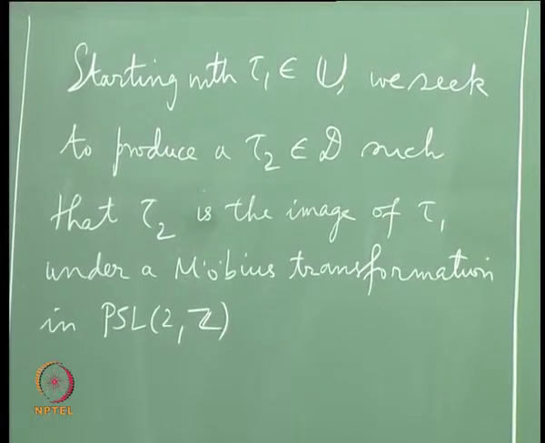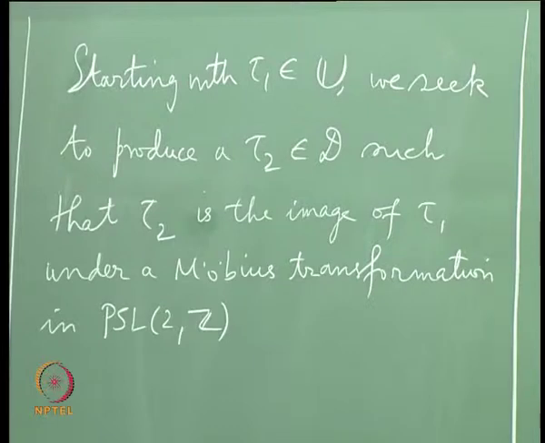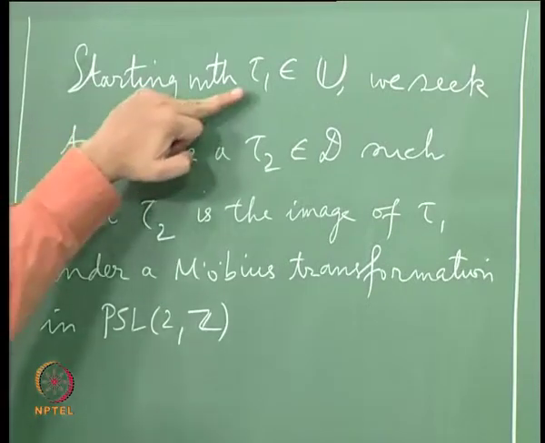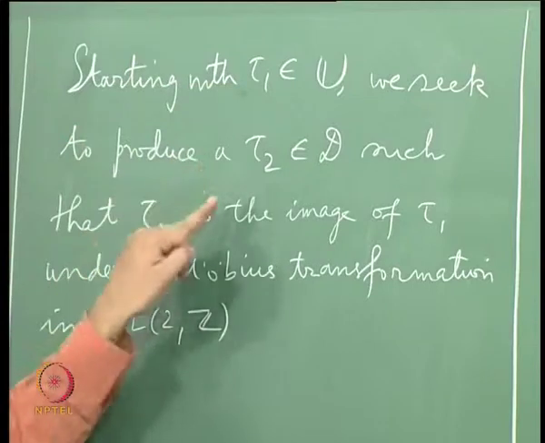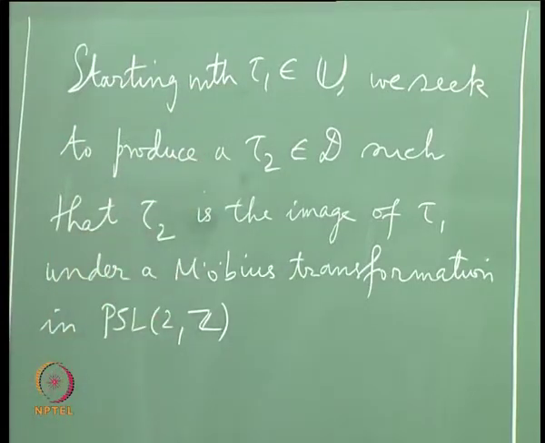This is what you have to do. Once you do this, you are just saying that the PSL2Z orbit of tau 1, which contains tau 2, intersects D in tau 2. This is what you have to do.